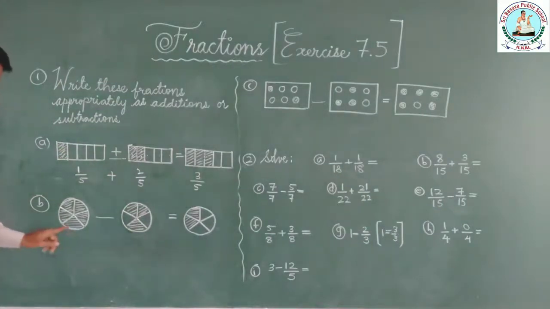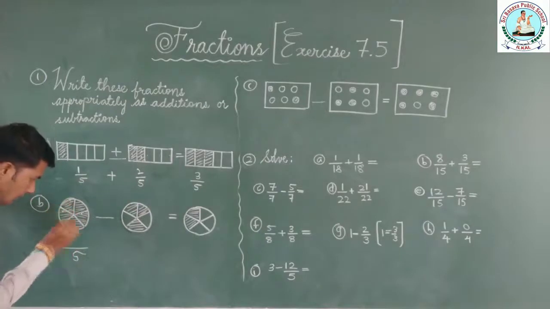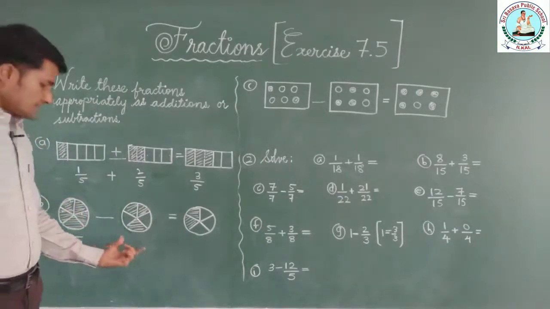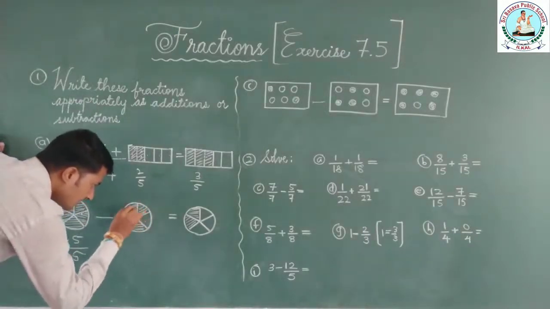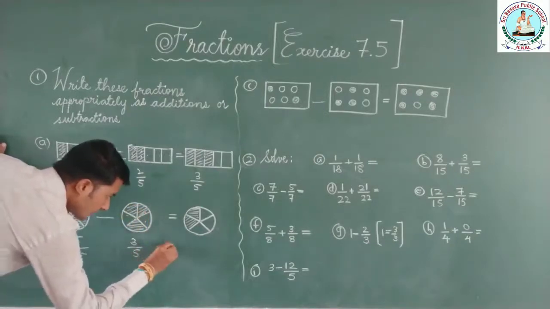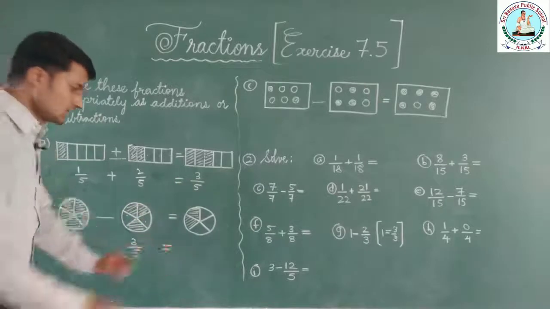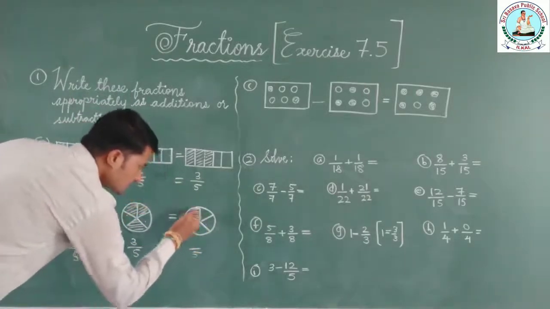So here we can see that out of 5 equal parts we have shaded all 5 parts, and we don't know which operation is performed. Let's see. Here also we can see 5 equal parts, and out of them 3 parts are shaded. But when you look at the result, we got 5 equal parts, and out of them 2 parts are there.